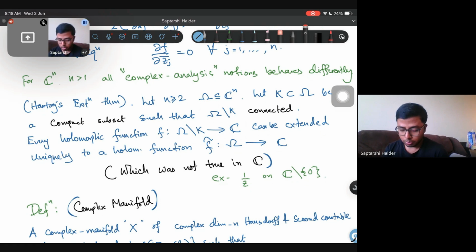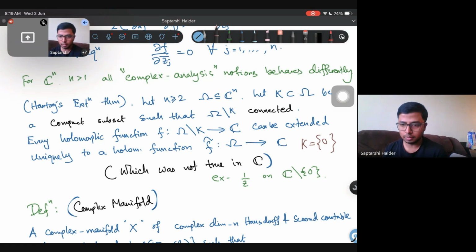Now I want to show you how it differs from our natural intuition for C, just one dimensional complex analysis. If you take Omega to be C, the complex numbers, and remove the singleton 0, so basically we are taking K to be {0}.